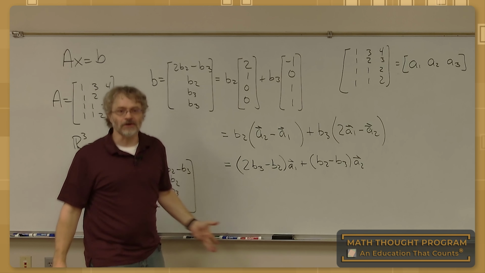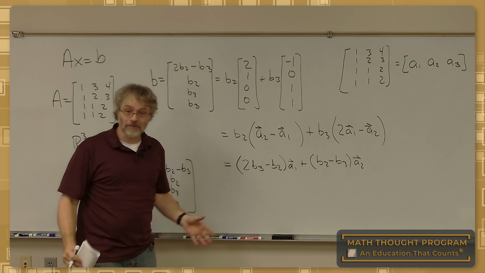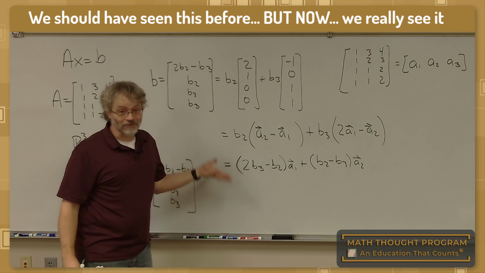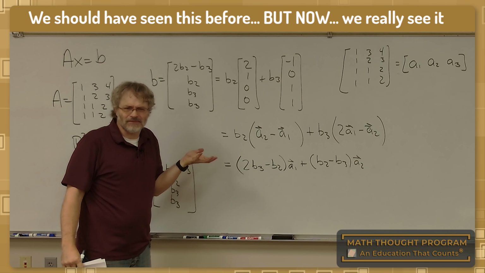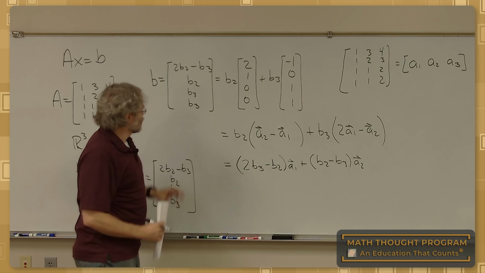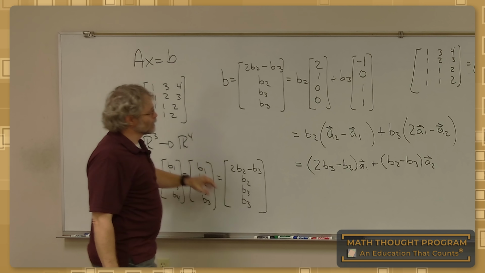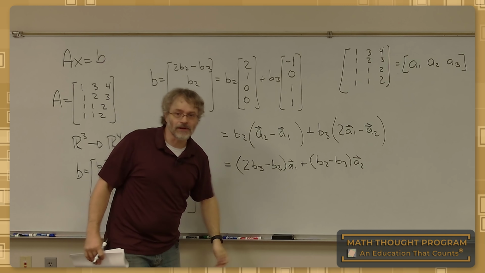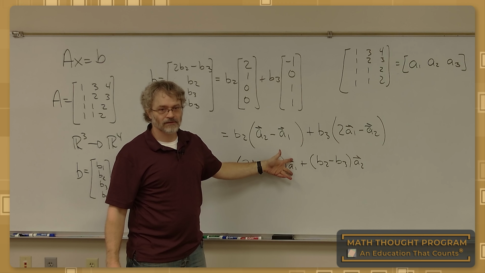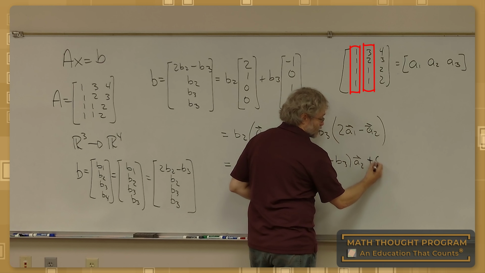And what did we show? We showed something absolutely amazing. Something that I should have seen earlier, but I didn't really see it yet, but now I'm seeing it. It says if you take vector B, which is going to be a solution for this matrix, vector B has to be a linear combination of the columns A1, A2, and I can also say A3.